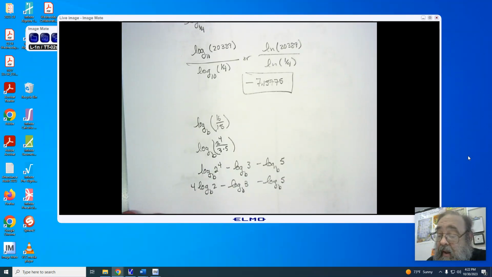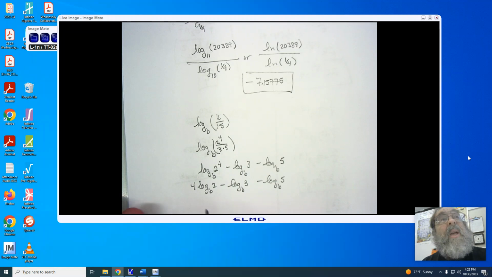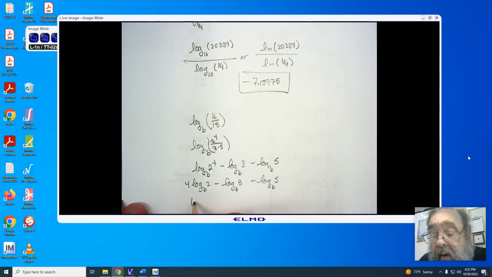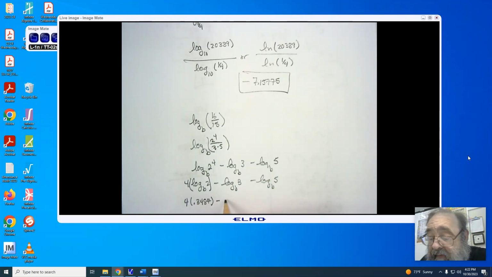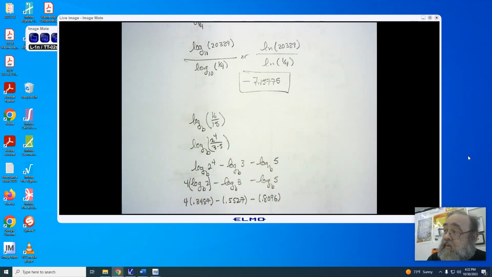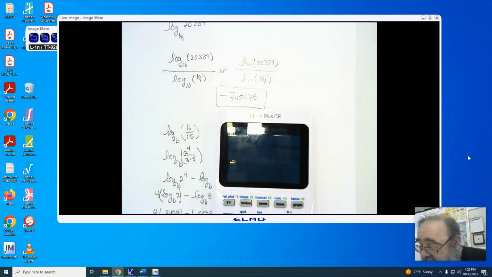They told me that log base B of 2 is approximately 0.3487, and there's a 4 in front of it. Notice I substituted log base B of 2 with that decimal. Then I have minus 0.5527, and then minus 0.8096. We're going to use our calculator now to find these values.